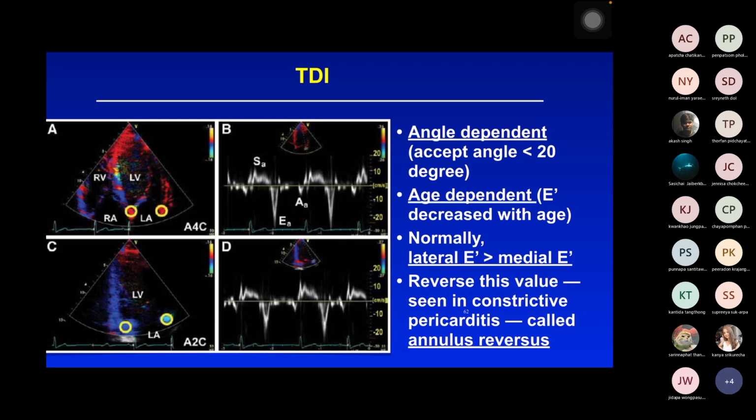When the pericardium is stiff and rigid, the lateral annulus is attached to the pericardium. So in constrictive pericarditis, the lateral E prime velocity is less than the medial E prime. That is the abnormal condition, because normally the lateral E prime should be greater than the medial E prime.